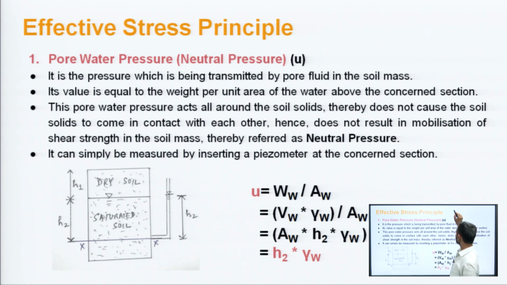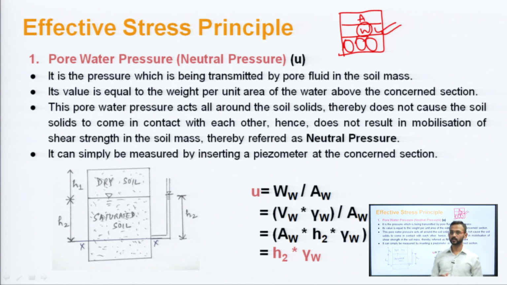So, if this is the soil here, and this is the water and this is the air, this water here, when it is a homogeneous medium, will be exerting some pore water pressure. So, what is that pressure?